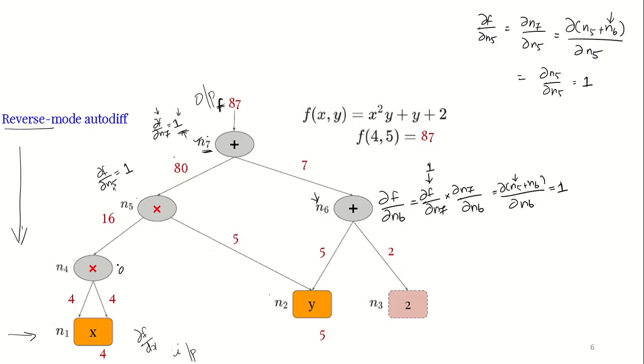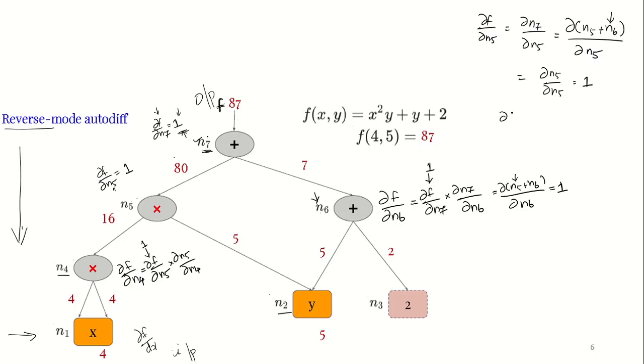Now we have to find dou f by dou n4. That is equal to dou f by dou n5, its parent, into dou n5 by dou n4. What is dou f by dou n5? This term is 1, as we calculated in the previous step. And dou n5 by dou n4: what is n5? n5 is actually n4 into n2.